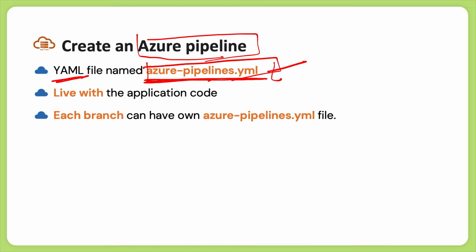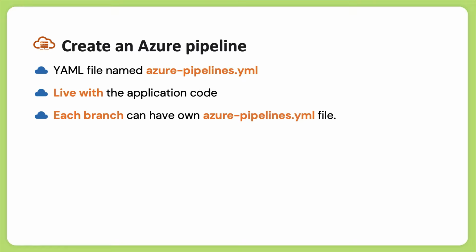Now this file can stay with your application code, because we are going to trigger this pipeline based on the trigger, right? And once it triggers, it's going to find the configuration of our pipeline, and all the configuration we are putting here.